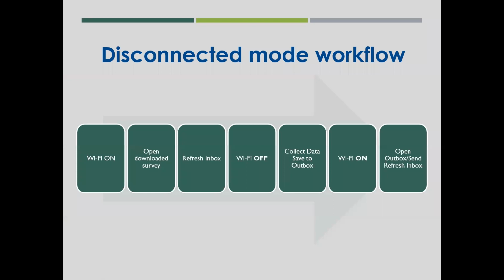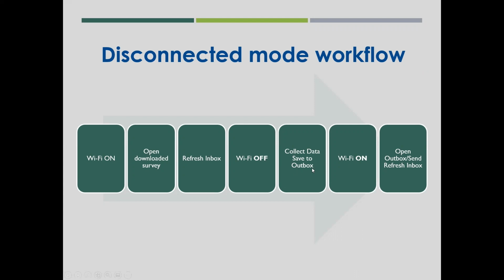If you're going to use disconnected mode, you have to download that survey, obviously, when you are connected to Wi-Fi. This survey uses an inbox, and you just have to tap refresh to get the updated version of the surveys that are available to complete edits on. And then you can actually disconnect from Wi-Fi and go on out in the field or be wherever you are and collect data, which is then saved to something that Survey123 calls an outbox.